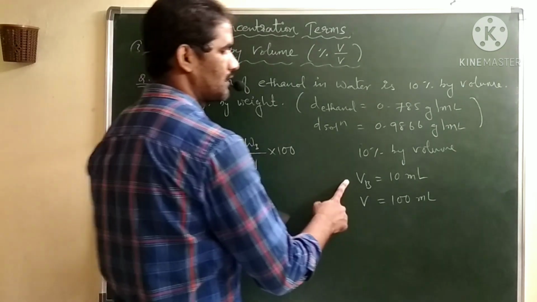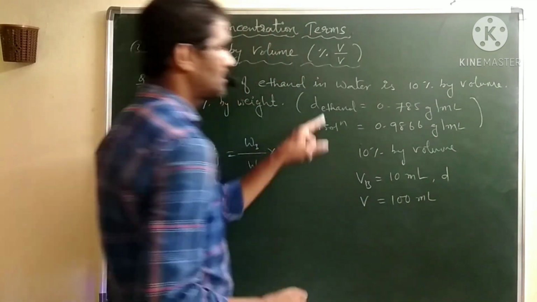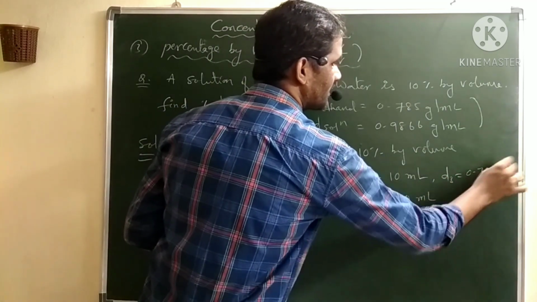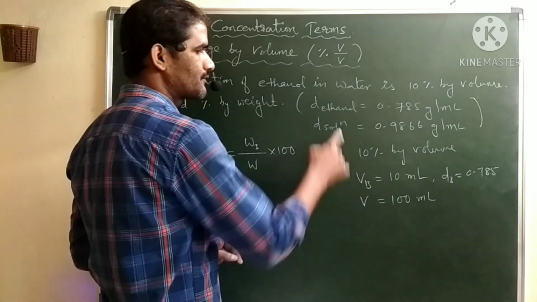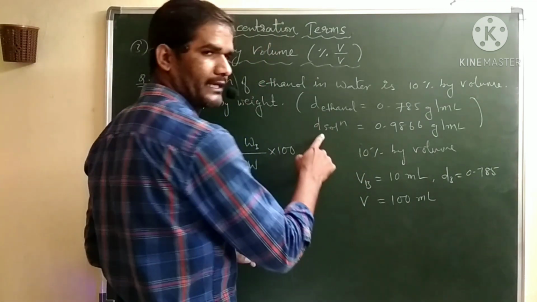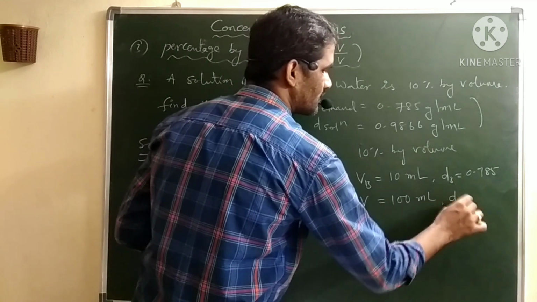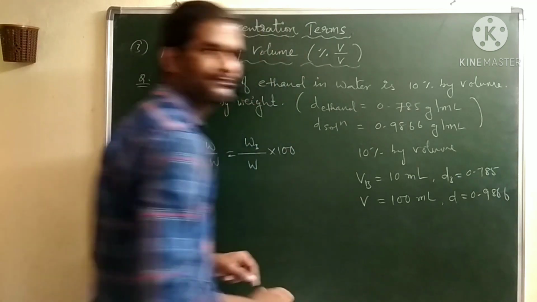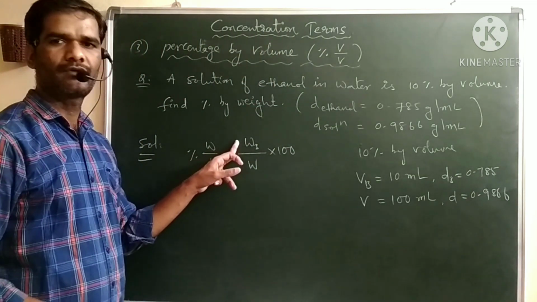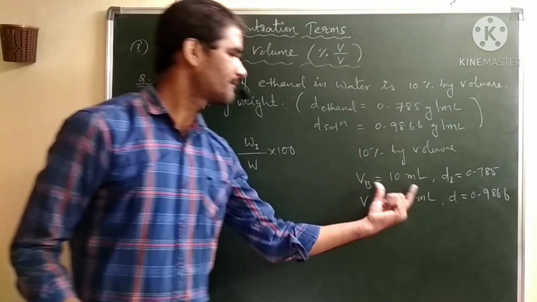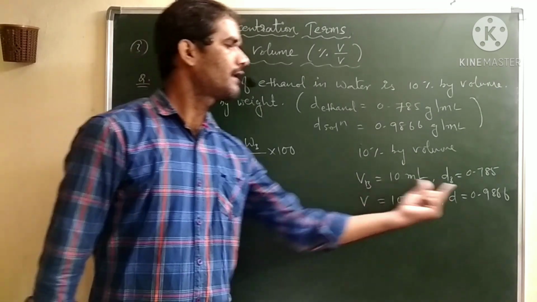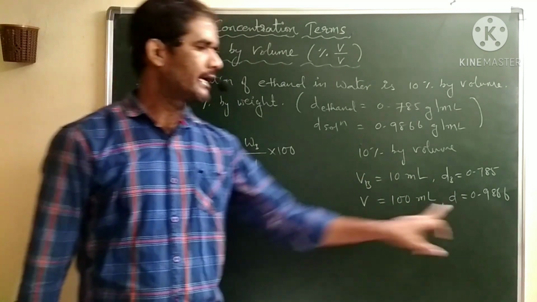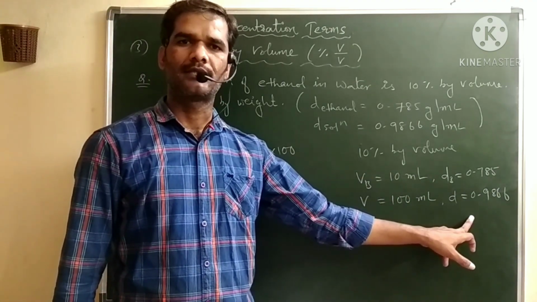So for this volume of solute, they give density of solute also, that is ethanol, is equals to 0.785, and density of solution also given, that is D is equals to 0.9866. Now what we required? Weight of solute and weight of solution. Just if you multiply volume of solute and density of solute, will get weight of solute. Similarly, volume of solution and density of solution will give the weight of solution.